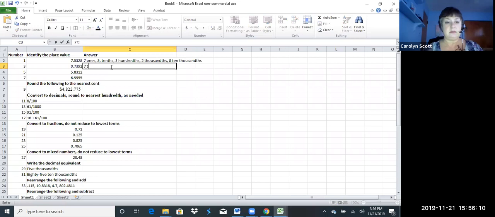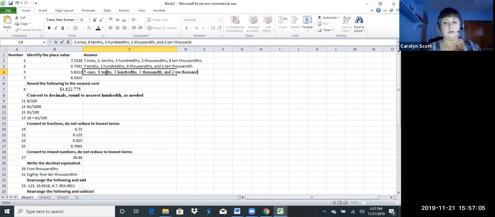We have 7 tenths, 3 hundredths, 9 thousandths, and 1 ten-thousandth. Then 5.8312: we have 5 ones, 8 tenths, 3 hundredths, 1 thousandth, and 2 ten-thousandths.